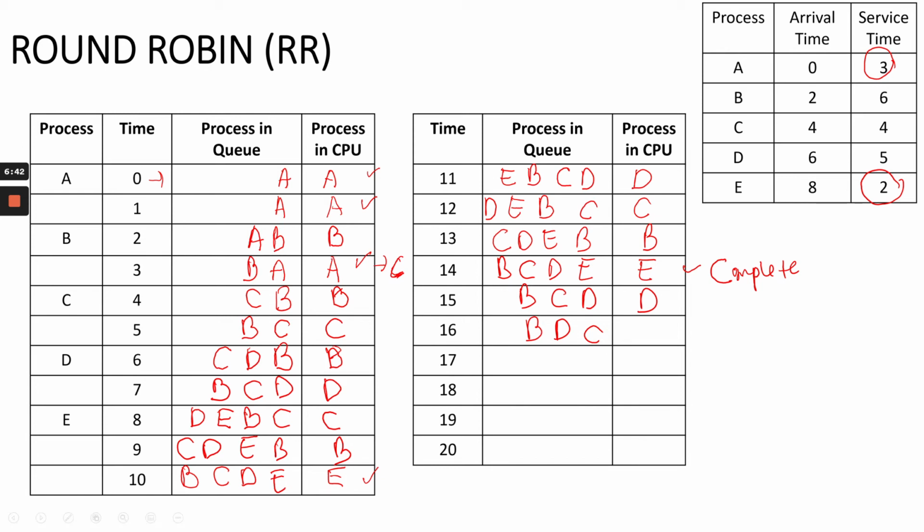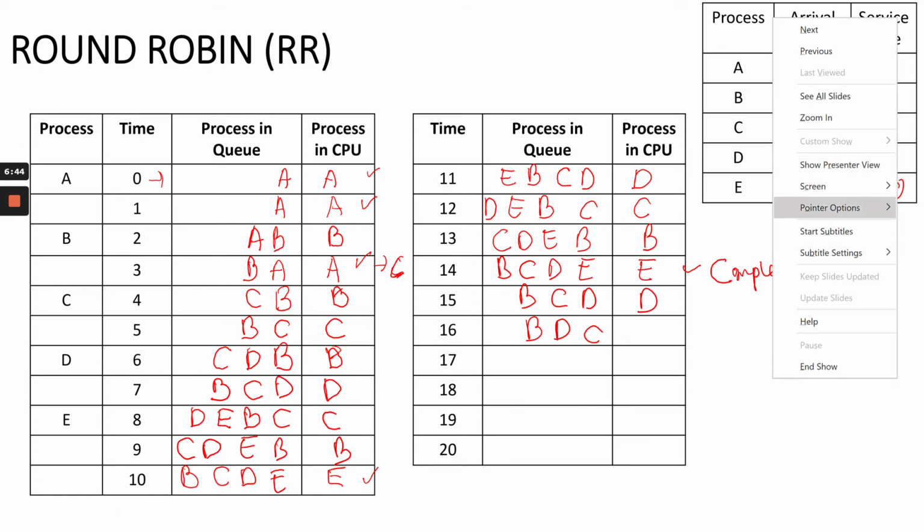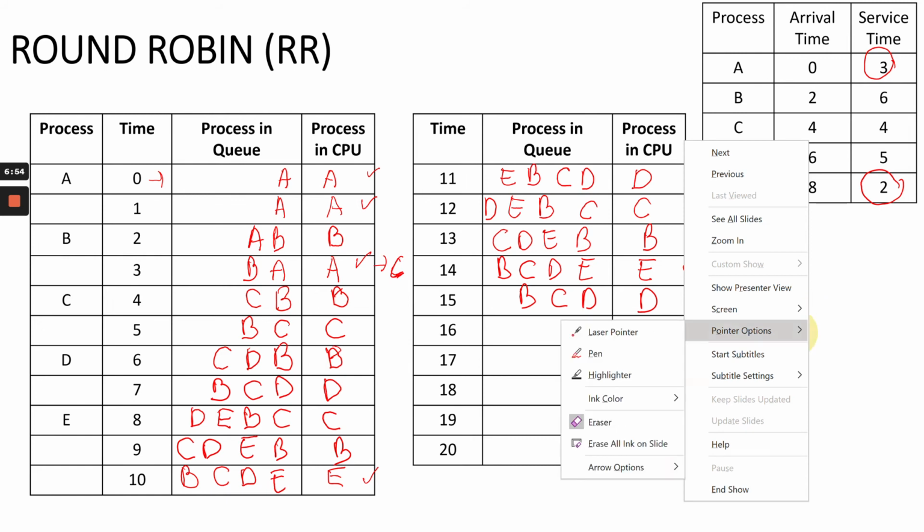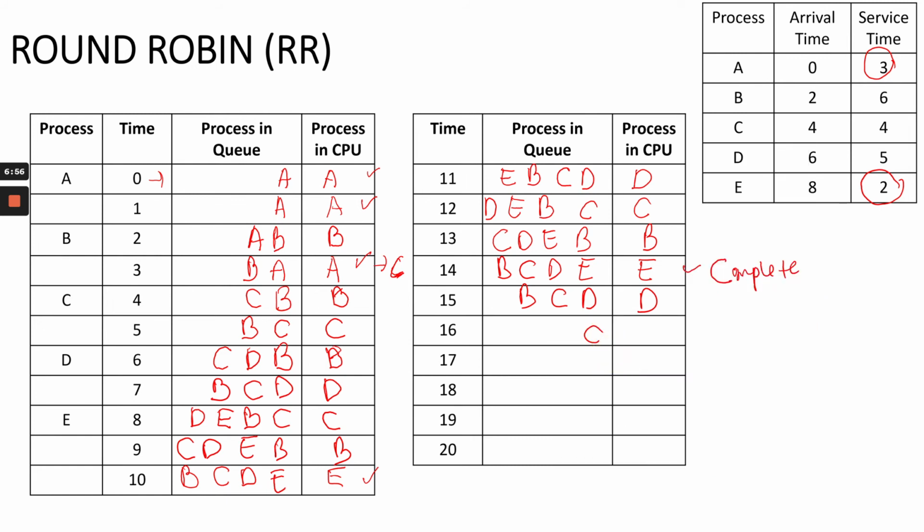Oh, my mistake here. Process D, because it is preempted, will be at the back of the queue. So now C, we have 1, 2, 3, 4, which has reached its service time, so process C is complete.